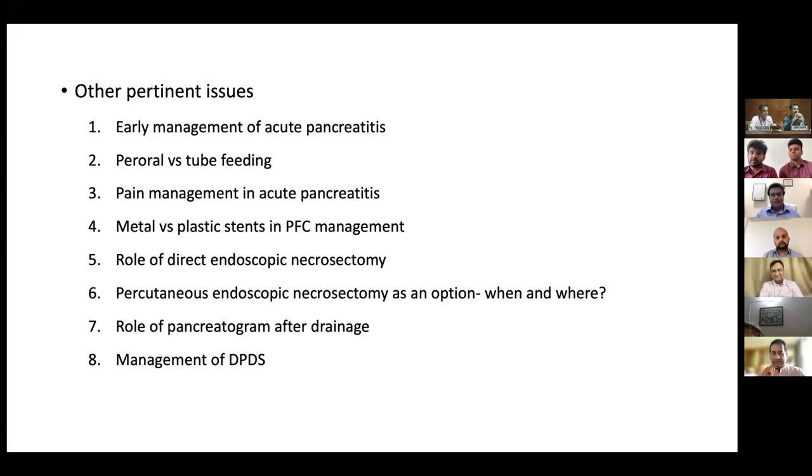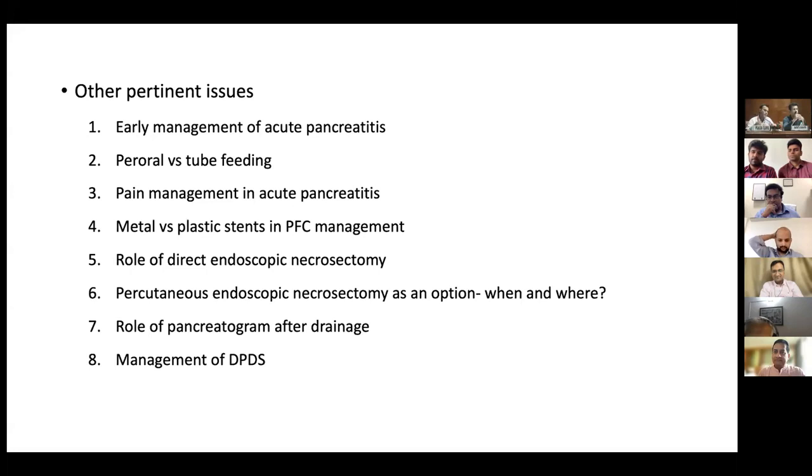So probably you're talking about a WHO pain ladder pattern, right? The data suggests there are very limited data on pain management in acute pancreatitis. This is point one. Yes, opioid analgesics have definitely been proven better than the NSAIDs. There are two back-to-back RCTs, one from AIIMS and one from our center.